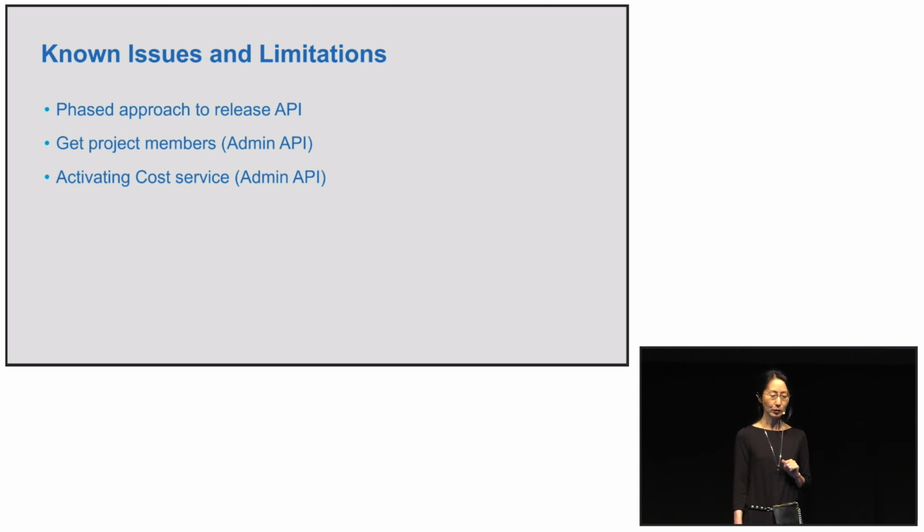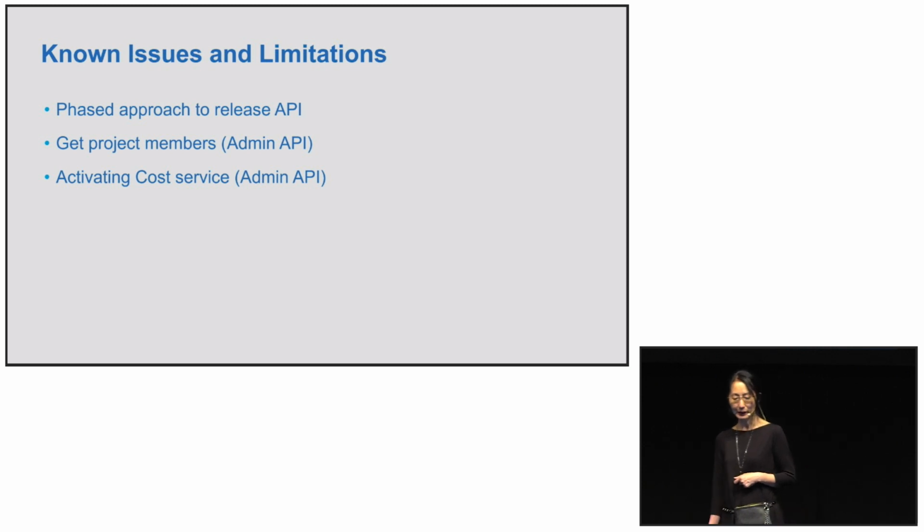But in order to do that, we have a little limitation. For instance, getting project members and then activating cost services by API, which is actually very common, even beyond the cost API. So we are hoping that the admin API will be available shortly as well, because internal people are also asking.